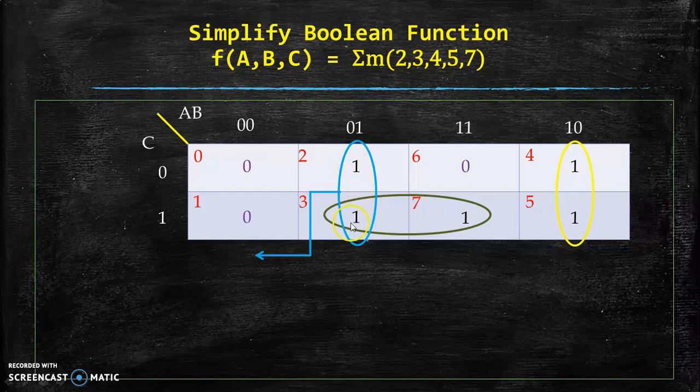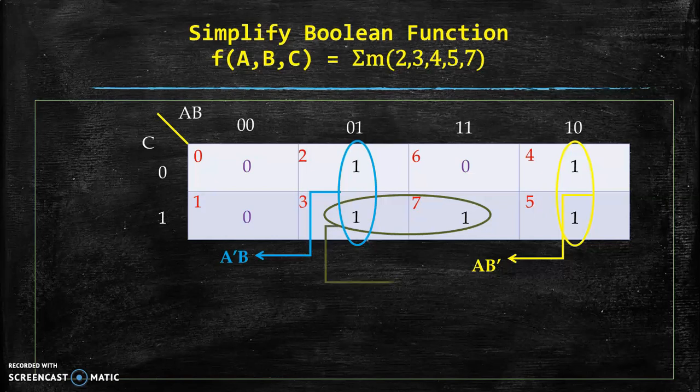So here it covers the entire column, so C is eliminated. For AB we can write 0, 1, that is A complemented, so A bar B. In the same way here, again C is eliminated, and we have AB as 1, 0, so we can write A B bar, because B is complemented, 0.